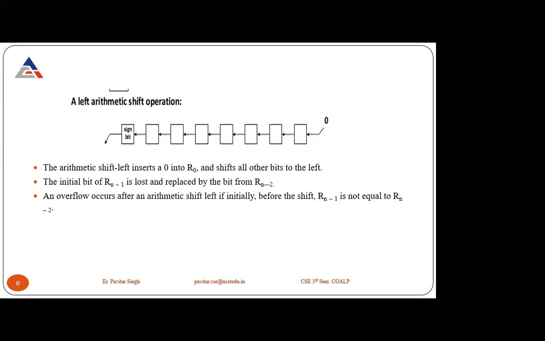So this statement is true. An overflow occurs after an arithmetic shift left if, initially before the shift, Rn minus 1 is not equal to Rn minus 2. Let's understand this.